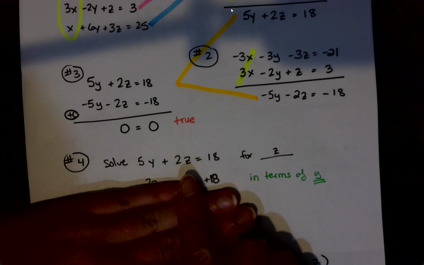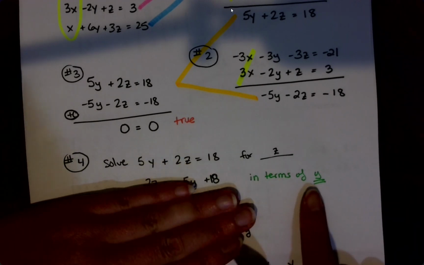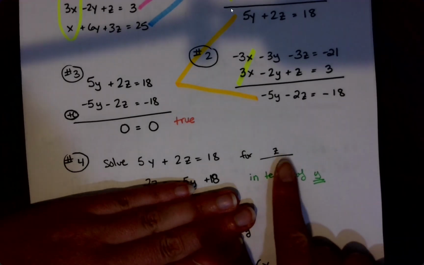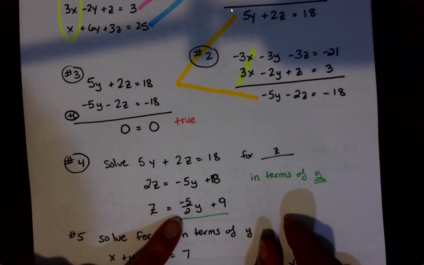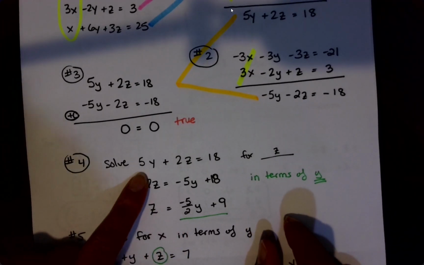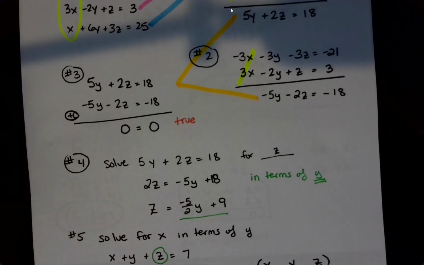We have a choice. At the time, I chose to solve for z because dividing by 2 was just going to make the numbers a little nicer. I kept it as a fraction, but dividing by 5 would have also been fine. I could have solved for y and written my equation in terms of z instead. I'm going to come back to that idea here in a second.